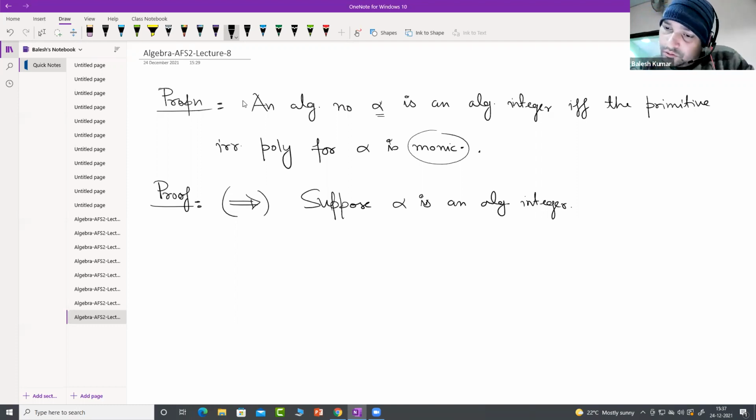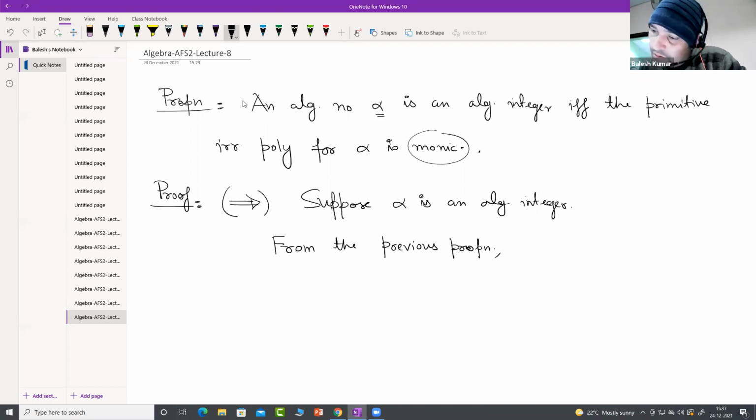One thing is clear from the previous proposition that we have proven in the previous lecture: the kernel is generated by the primitive irreducible polynomial.